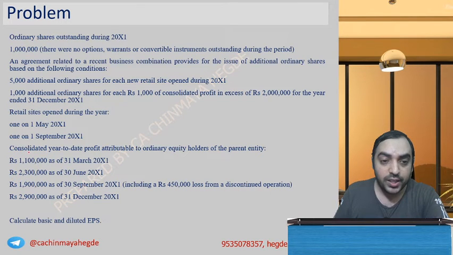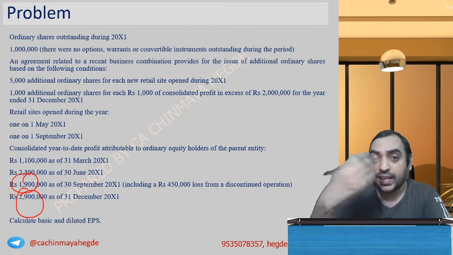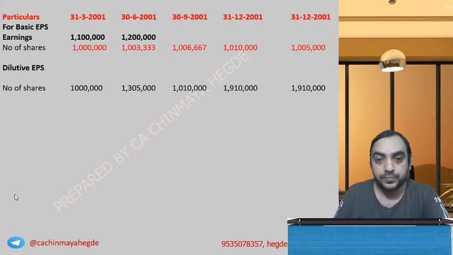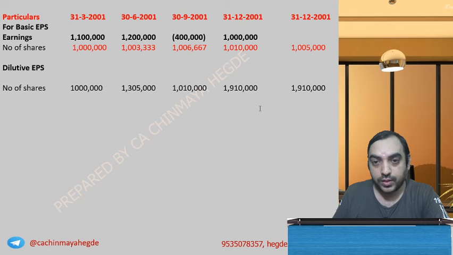This is year to date. 23 lakh became 19 lakh, reduced by 4 lakh. 19 lakh became 29 lakh, increased by 10 lakh. The difference, 4 lakh, sorry. Total 29 lakh.